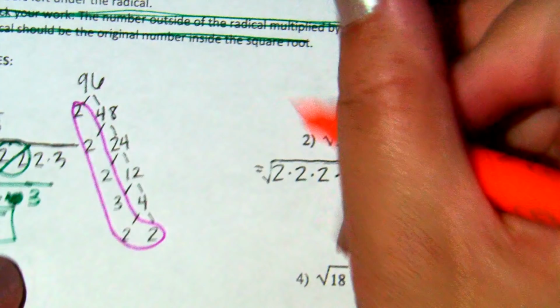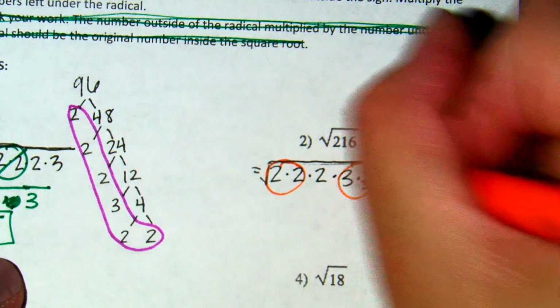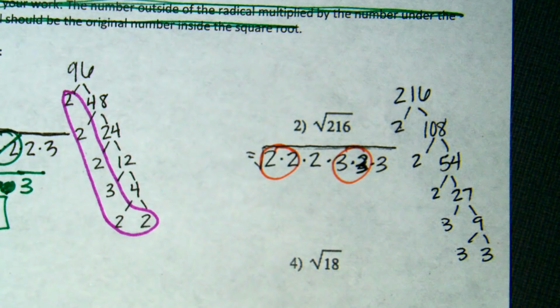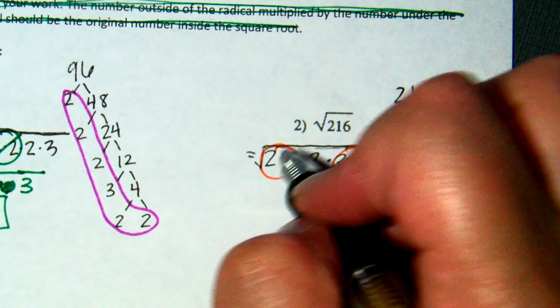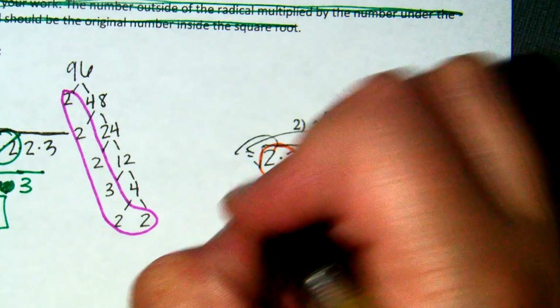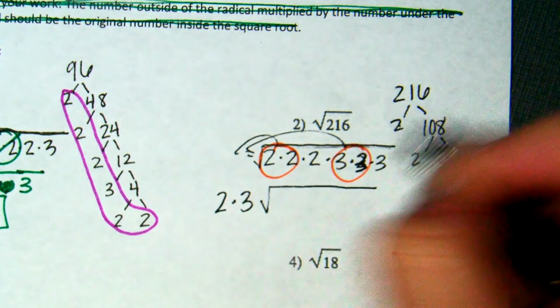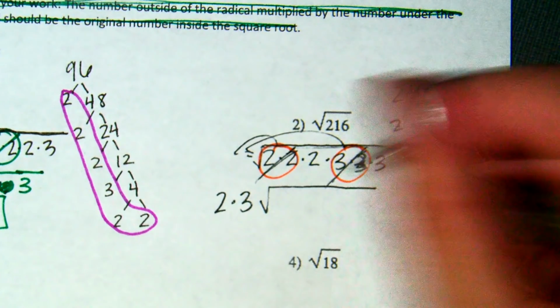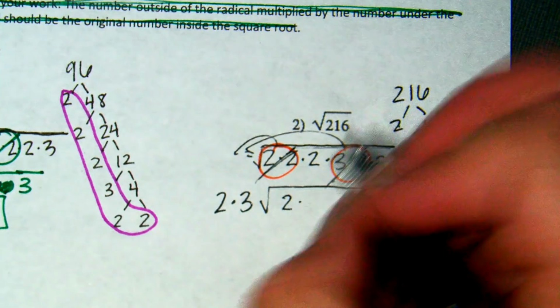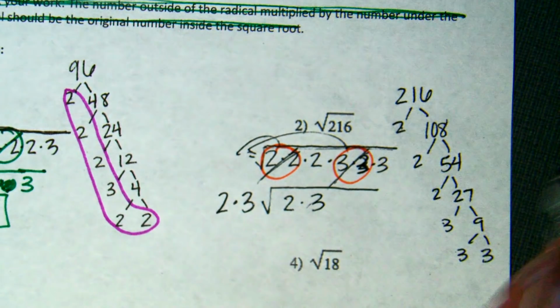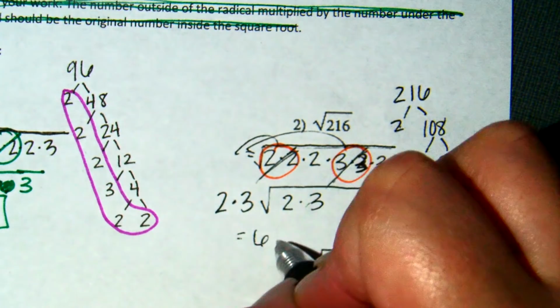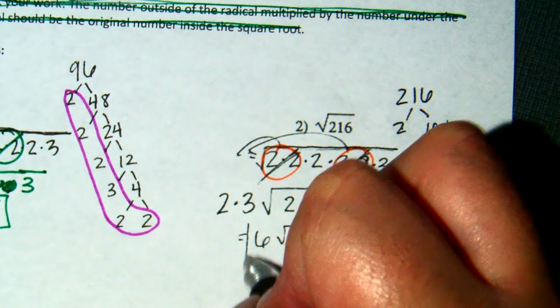So I have a pair of 2's and a pair of 3's. I'm going to bring my pairs out, so I have 2 times 3. Cross them out underneath the square root once you pull them out. So I have a 2 times 3 on the inside. So I get 6 square root 6. Final answer.